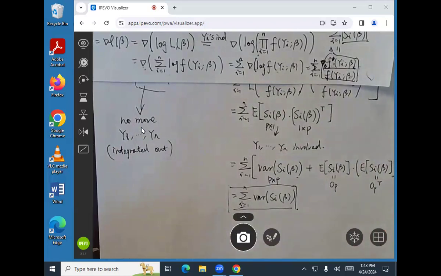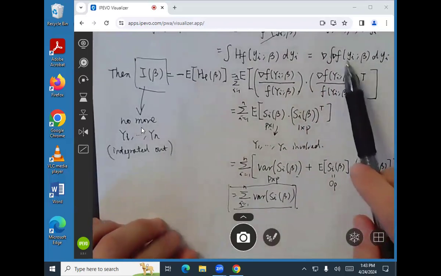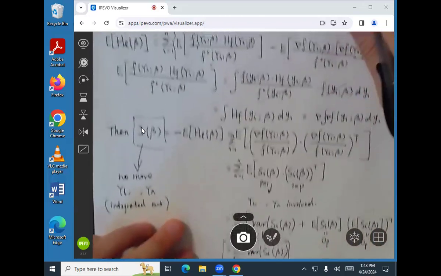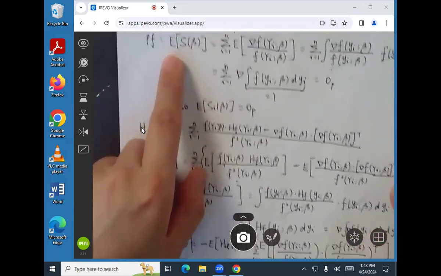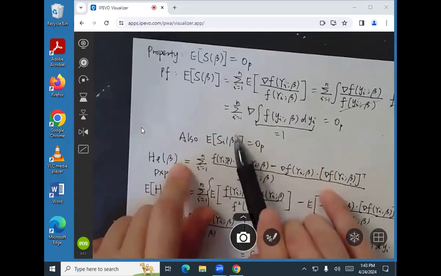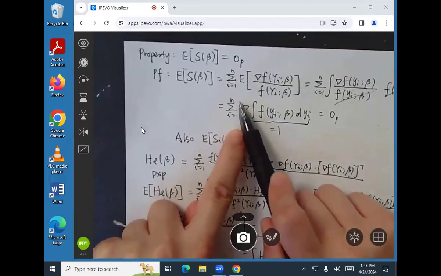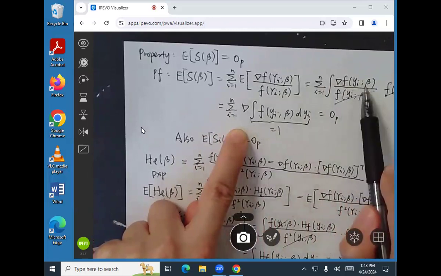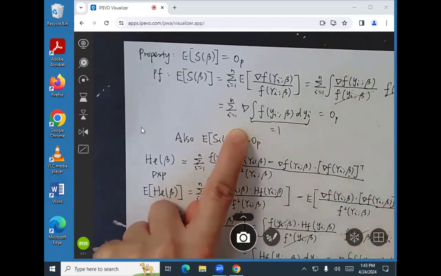Okay, any other questions? Yes. Yeah, so basically from this property down here, we already showed that when you just have one derivative, the gradient, you integrate that, this is 0.